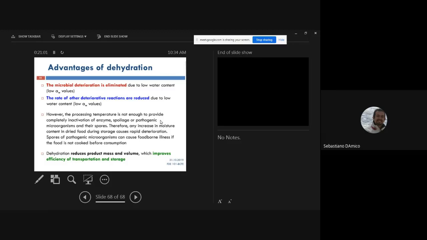But also everything is done in terms of improving efficiency. Efficiency means reducing costs, and even transportation and storage. So if I can reduce a product from, let's say, 1 liter or half a liter like this bottle to just the size of this, and then eventually add water later during the process, it makes it easier to transport and create new stuff.